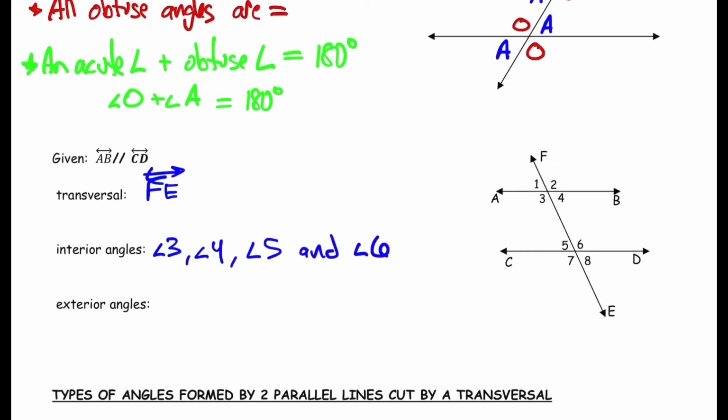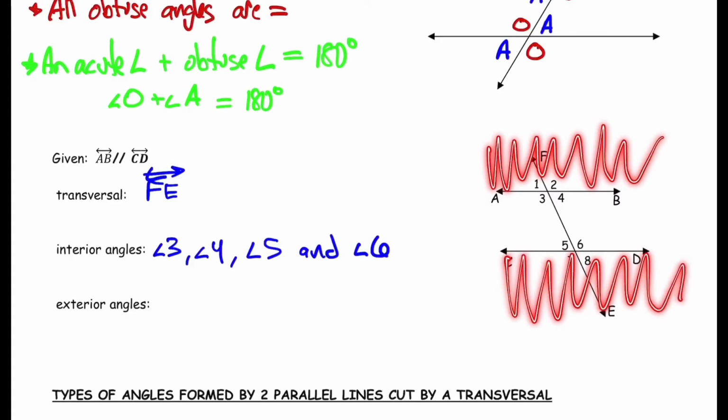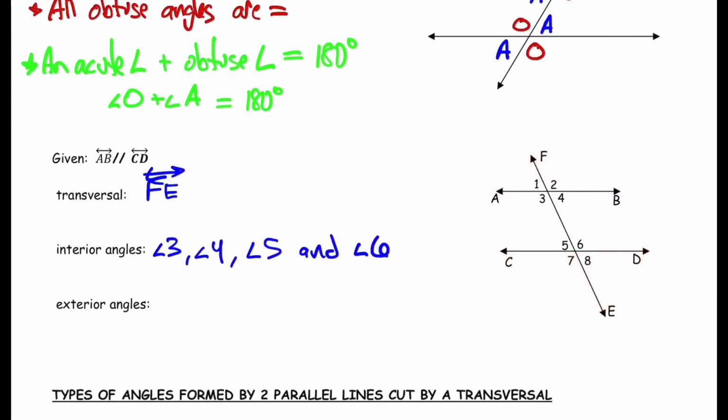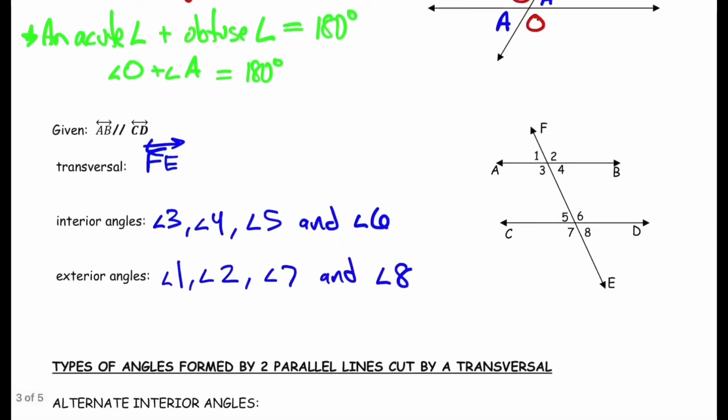Those are my interior angles. And now exterior would be any angles that are on the outside of the parallel lines. So that would be the other 4. Angle 1, angle 2, angle 7, and angle 8. So that's the difference between interior and exterior.